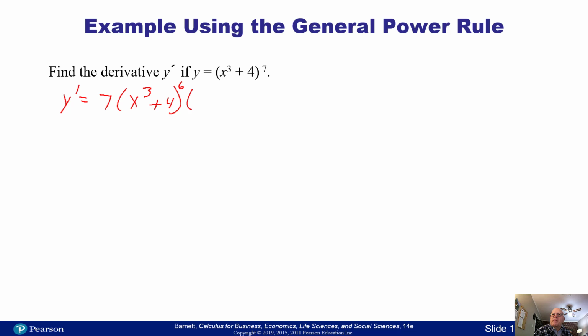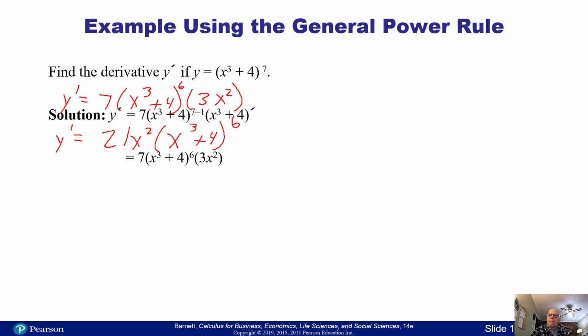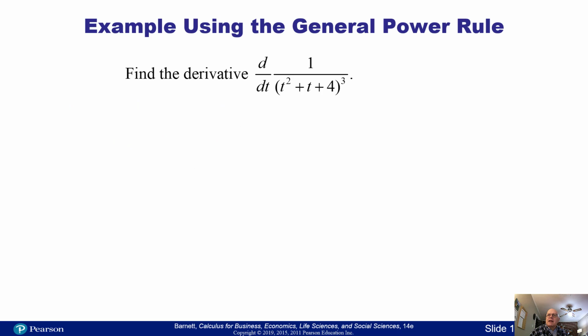And then we'll take the derivative of the inside function, 3x squared in this case. And then I'll slide this out front, and our derivative would look like this, 21x squared, and then x cubed plus 4 to the 6th power. There you go. And they got the right answer too. Isn't that nice?